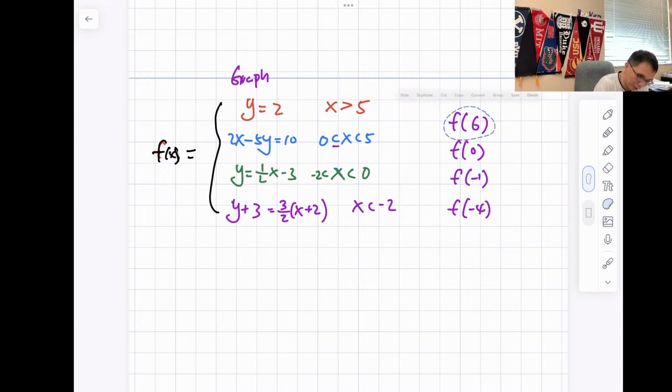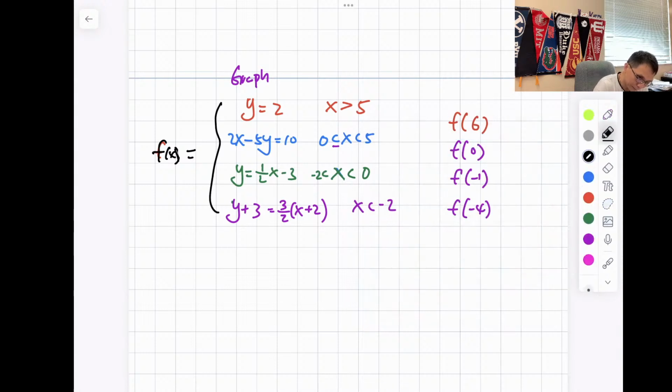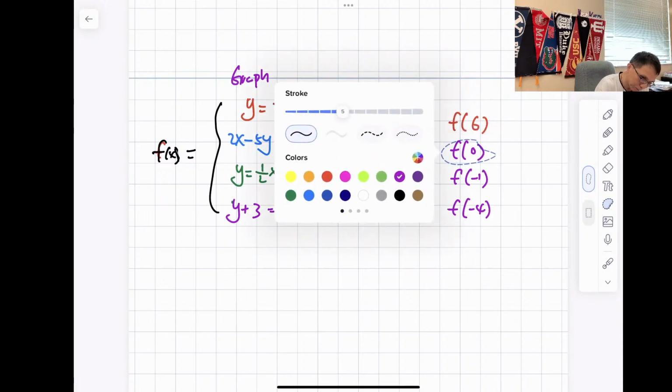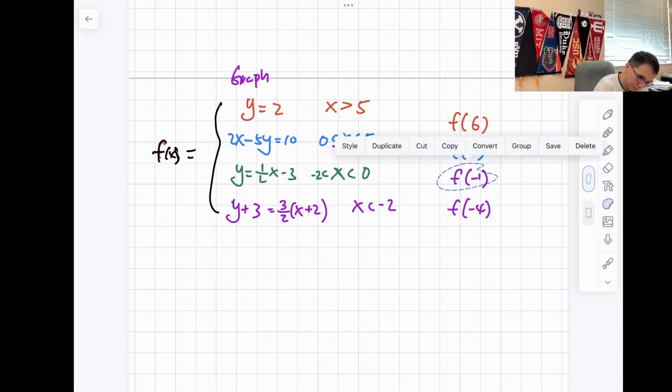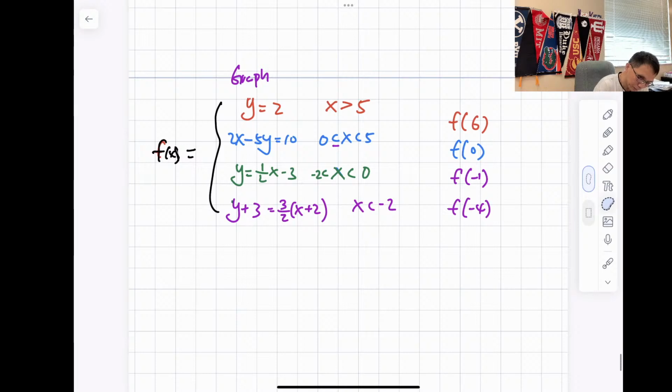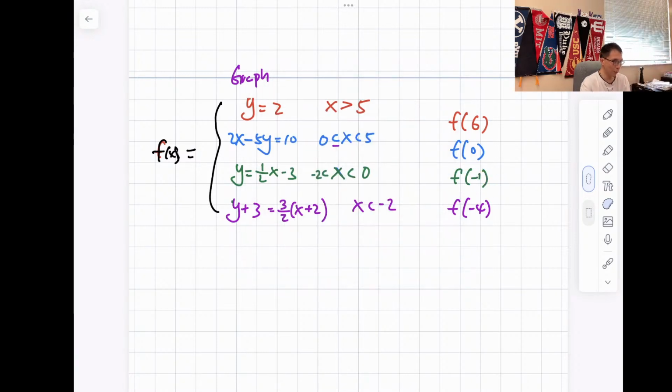So I want you to evaluate those, but make sure the function you graph is correct. Your function is always going to pass the vertical line test. So any time you graph two things, you're going to have two outputs.